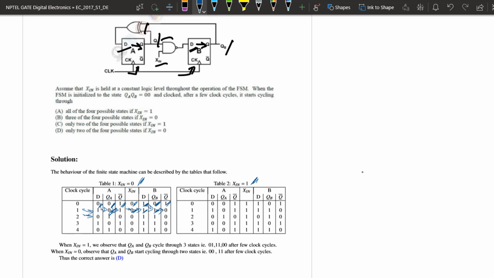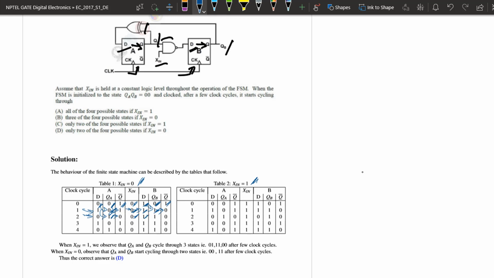In clock cycle 2, D at the end of clock cycle 1 goes to QA, that is 1, and Q bar A becomes 0. Xn is held at 0. DB becomes Xn NAND operated with QA, which is 0 NAND 1, that is 1.